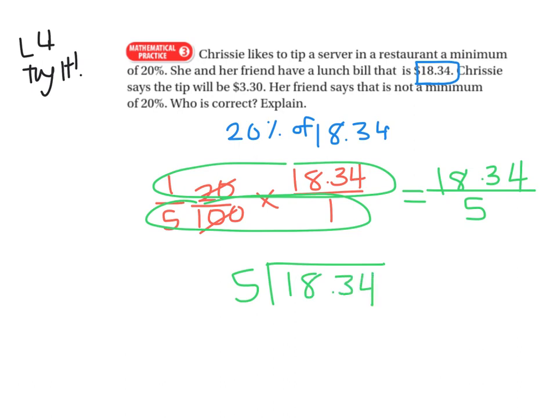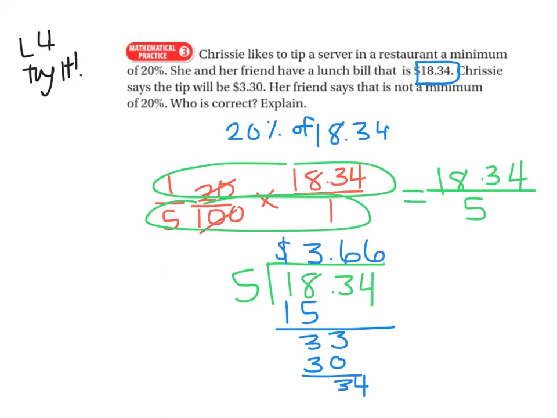I'm going to be quiet while I do this. Ooh, I already know Chrissy's going to be wrong. I'm not even going to finish because look, I can see it's not 330, it's 366.